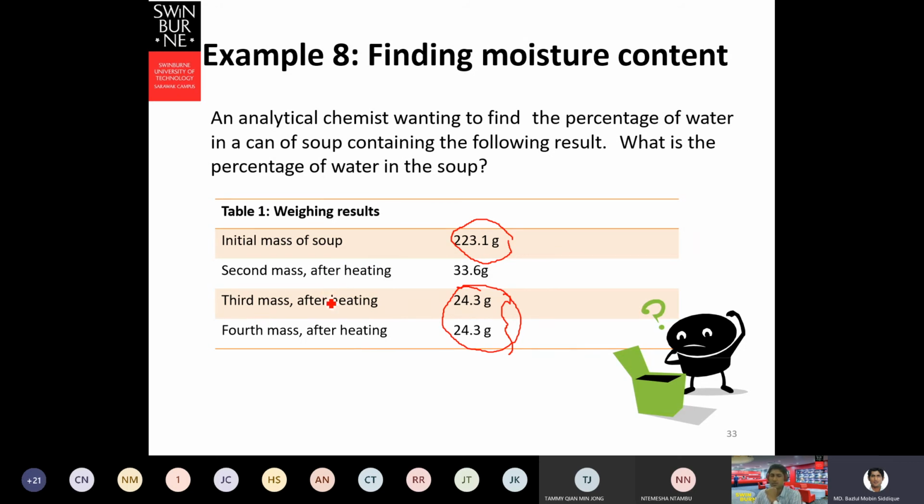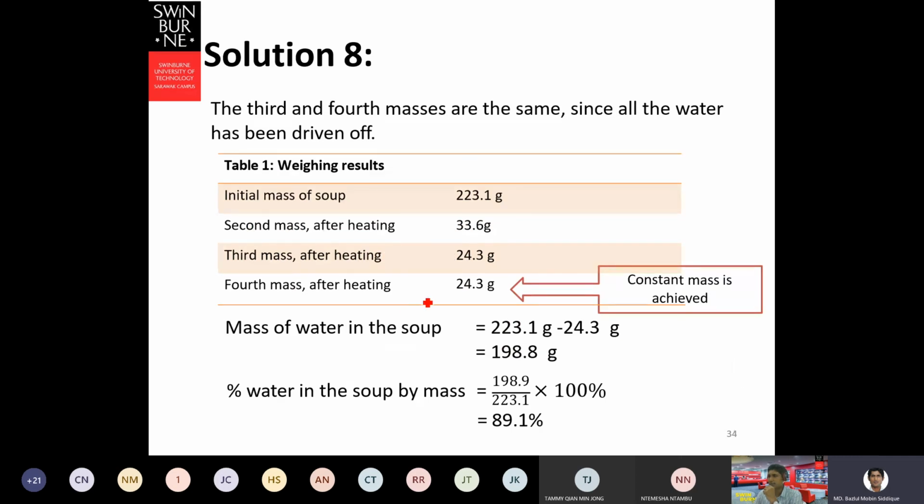There is no more water to evaporate. So the water in the soup was 223 minus 24, right? So 198 gram was water inside the soup. So how many percent of it was there?